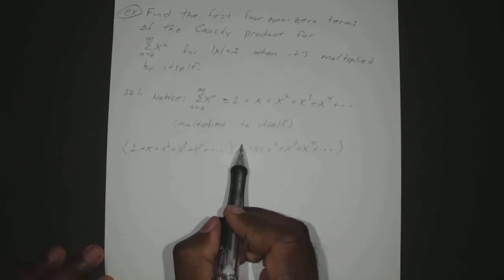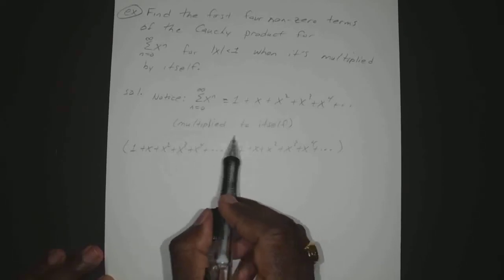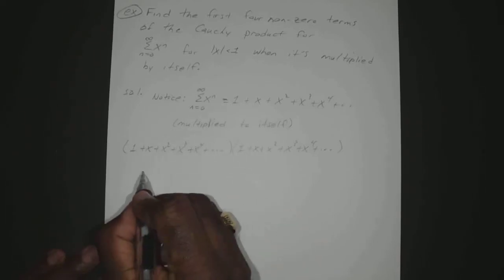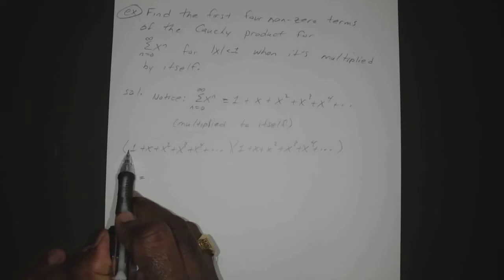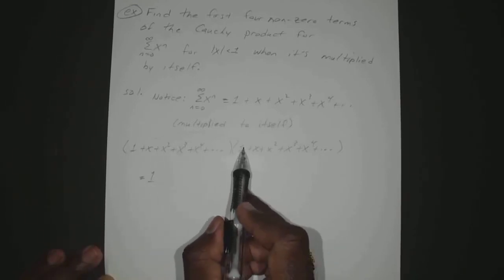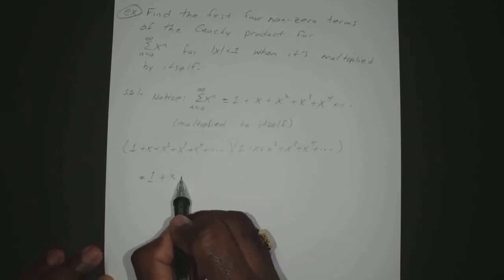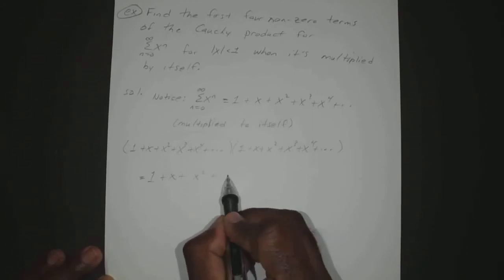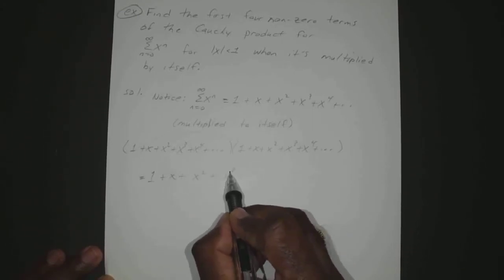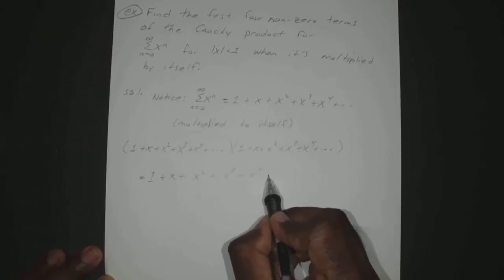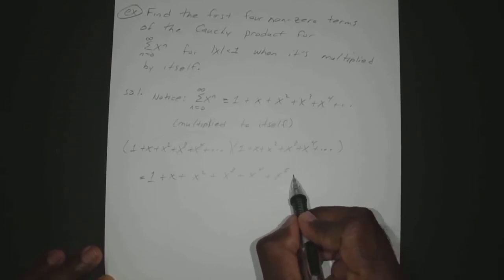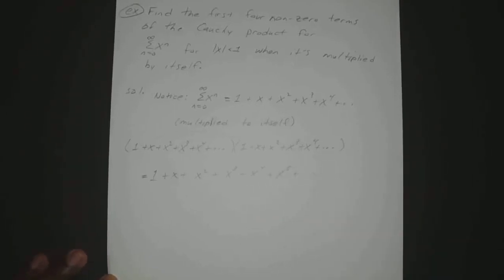Okay. So if we get our 1 and we distribute our 1 to each of those terms, 1 times 1 is 1, plus x plus x squared plus x to the 3rd plus x to the 4th, and it keeps on going.